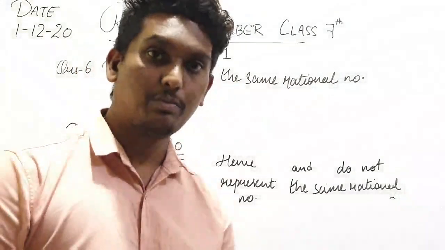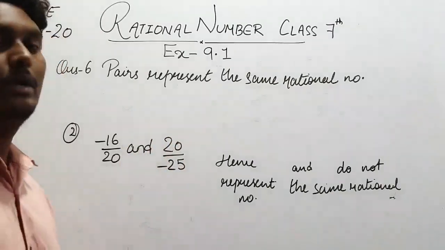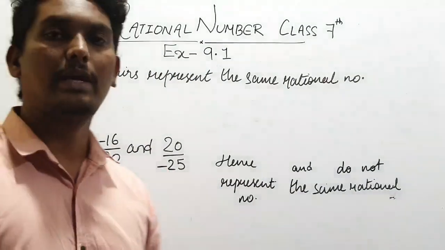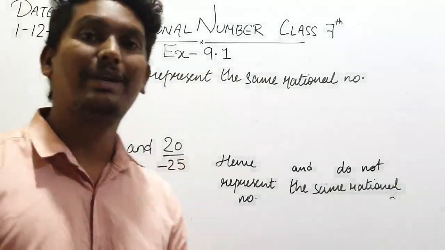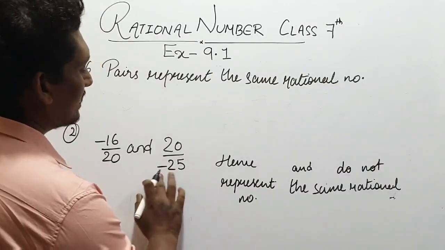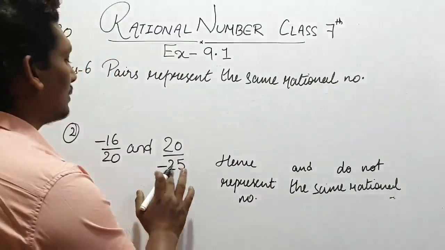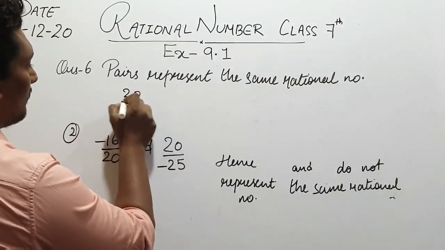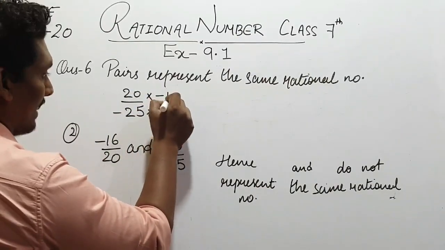Okay, now come to the next question: -16 by 20 and 20 by -25. I just want to make one thing clear. Whenever you see a sign in a denominator, basically in the denominator we don't use negative signs. So first we will remove this negative sign by multiplying 20 by -25 with -1.